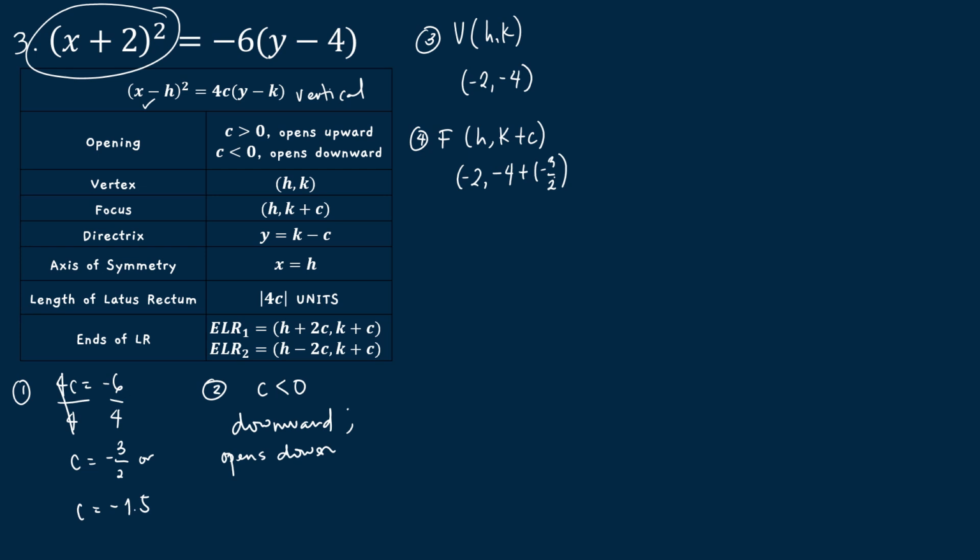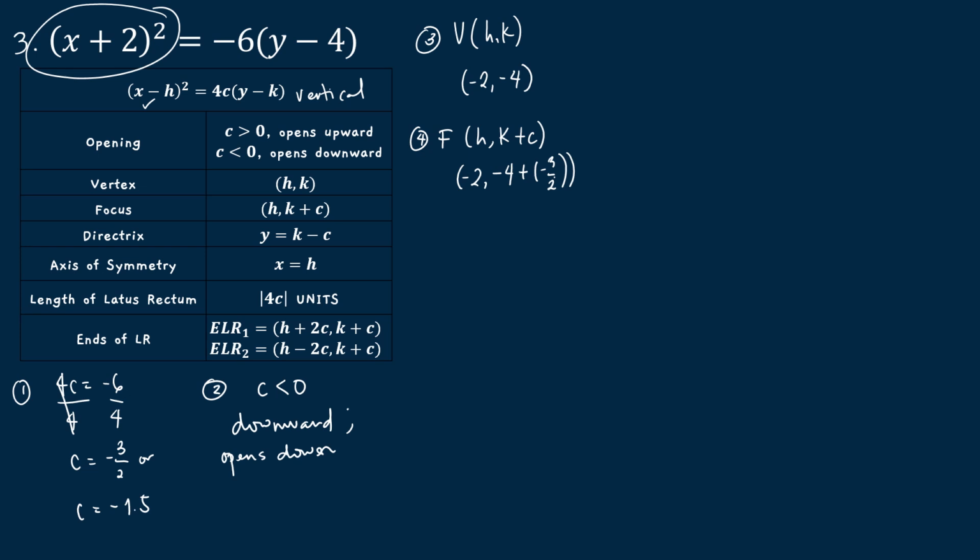So you can type that on your calculator, the solution of negative 4 plus negative 3 halves with parentheses, of course. So don't forget to write parentheses, or you can type it directly as minus. It's the same. So you will get the same answer.